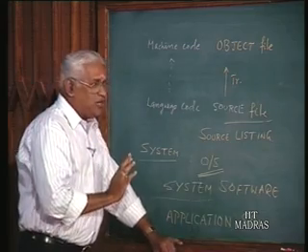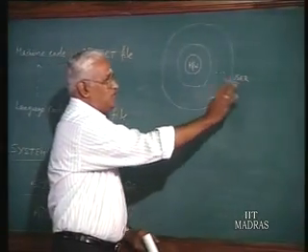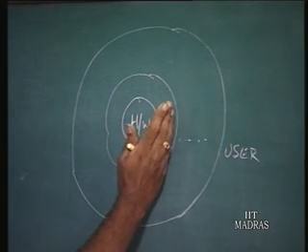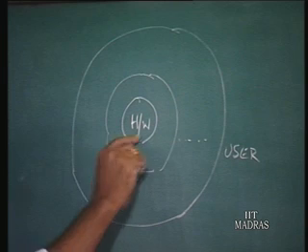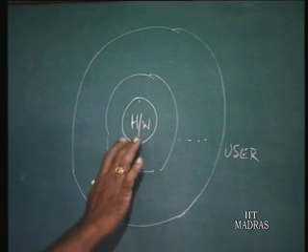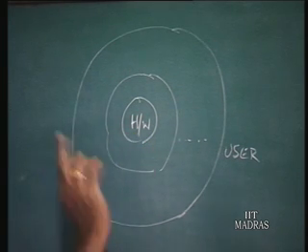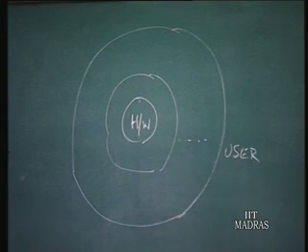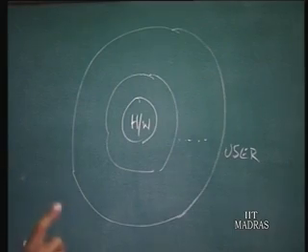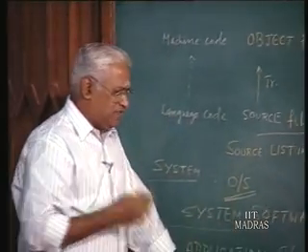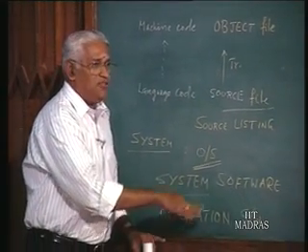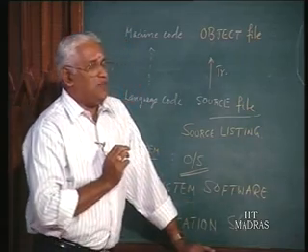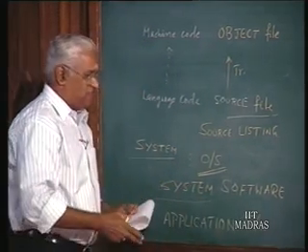So, the ultimate user is going to be outside of the whole system, and then you may be talking about layers of application software, layers of system software, etc., and finally, you have the hardware which is the core, and all these details are going to be hidden, and what the user will be doing will be making use of those system commands, that is the operating system commands, and a few commands or instructions whatever may be, which this particular application package asks him to do. Okay. Well, it all depends upon the kind of applications, how exactly the details will be worked out.